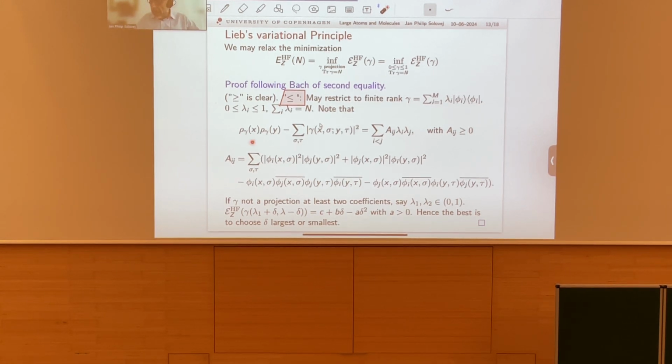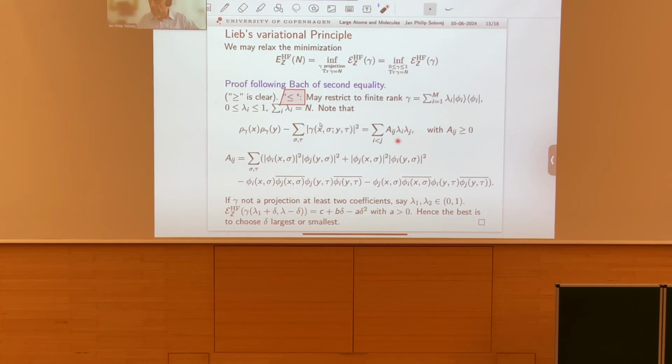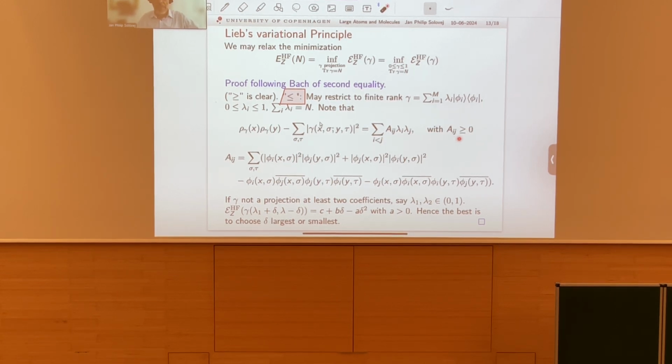Then, if I calculate this for that gamma here, then, as I will explain down here, I can write it as a sum over lambda i, lambda j, for i different from j, or here I'm just saying I'm summing over all pairs, with some non-negative coefficient. Notice that there is no lambda i squared or lambda j squared.